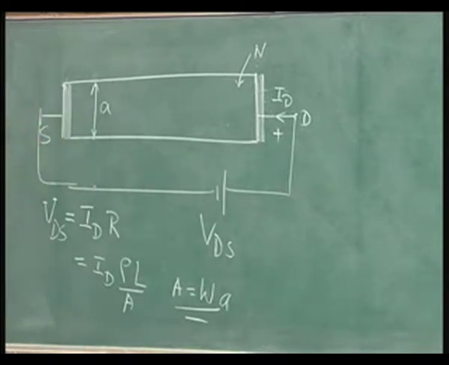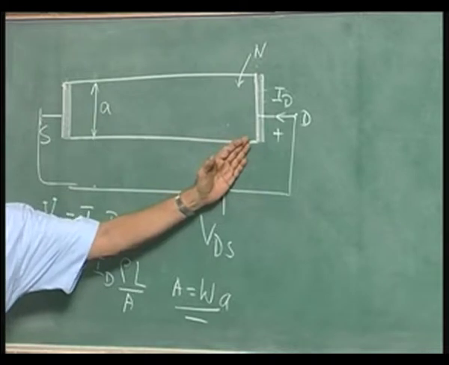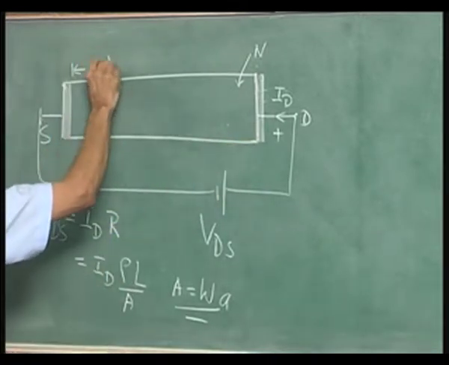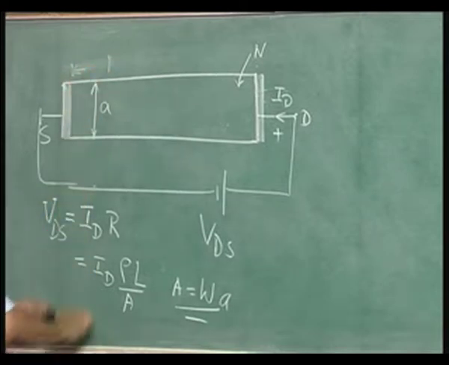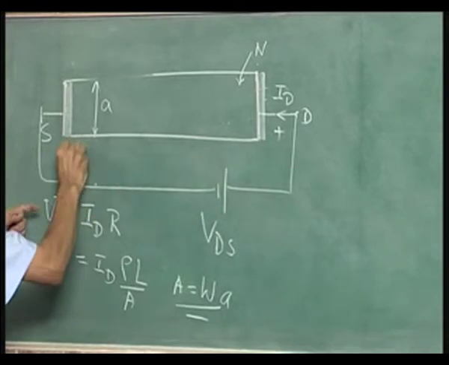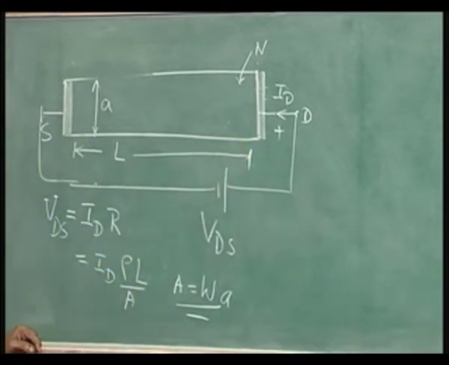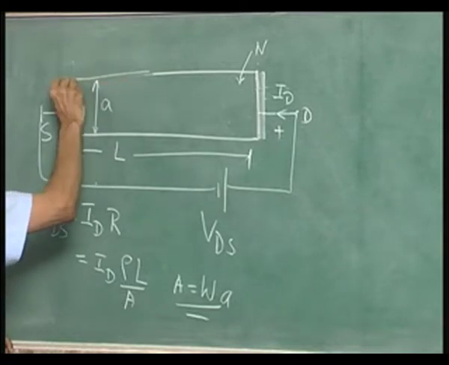In fact, if I call this a channel of length L, total length L, L is the length between the two, and W is the depth.